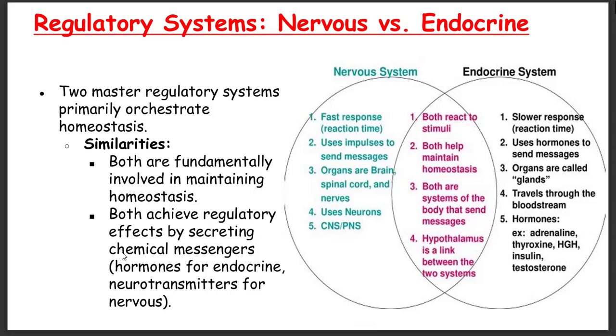Hormones are chemical messengers released from the endocrine system to command other body systems to initiate an effect that is going to bring the internal environment back to an acceptable range.